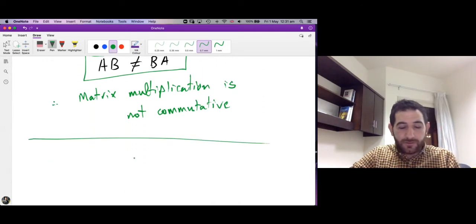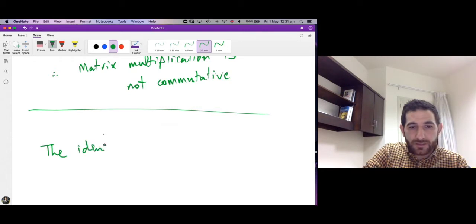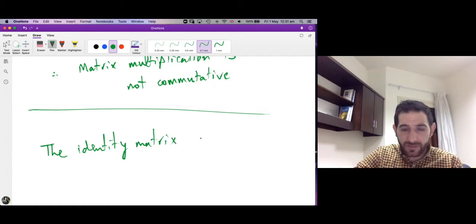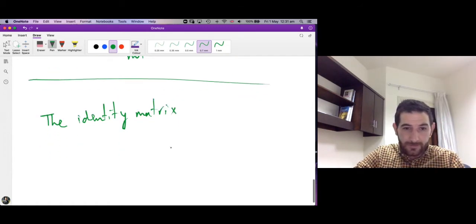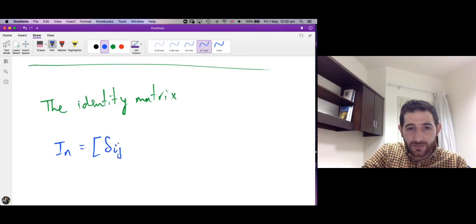Now let's introduce another important matrix called the identity matrix. So what is this identity matrix? It's a square matrix of dimension n. Let's denote it by I_n, and let's say its entry is denoted by delta ij.